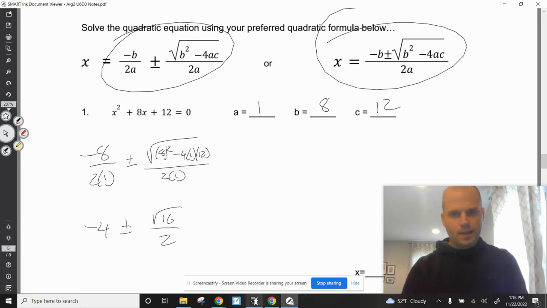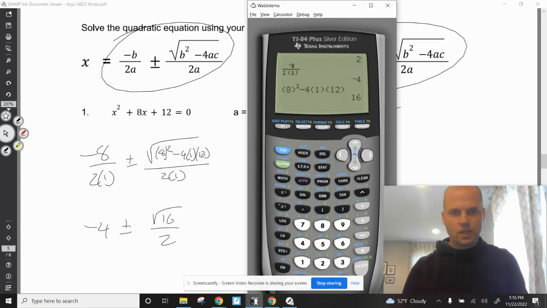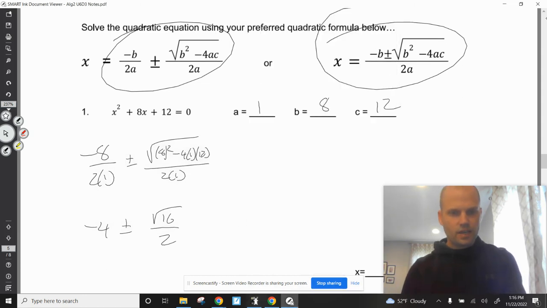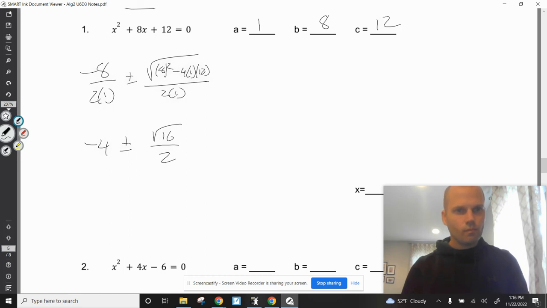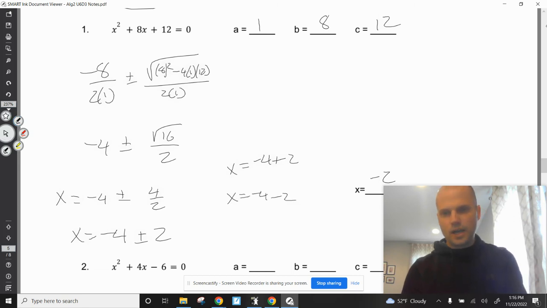Let's check. Oh, I know what the square root of 16 is. It's 4. So this is -4 plus or minus 4 over 2. 4 over 2 is just 2. My solutions are x equals -4 plus 2, -4 minus 2. -4 plus 2, you can use your calculator, is -2. Negative 4 minus 2, you can use your calculator, is negative 6.